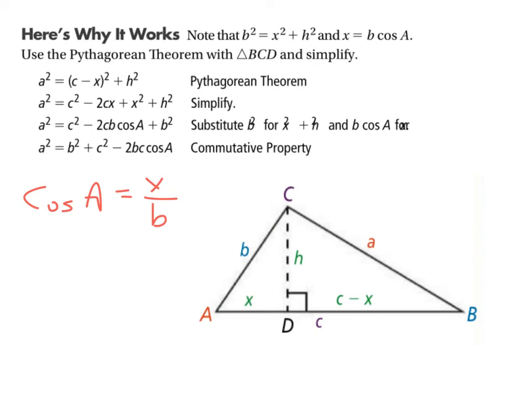And so if we wanted to isolate x, because they're saying up here what x is equal to, we just multiply both sides by b, and we end up getting b cosine A is what x is equal to, okay? And that's what they wrote up top. So they're just saying, note that these things are true based on what we already know.